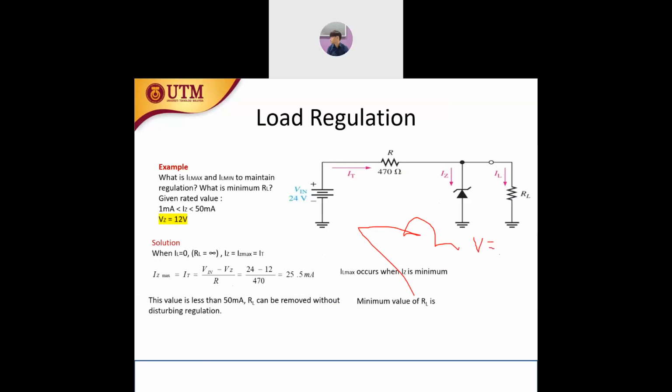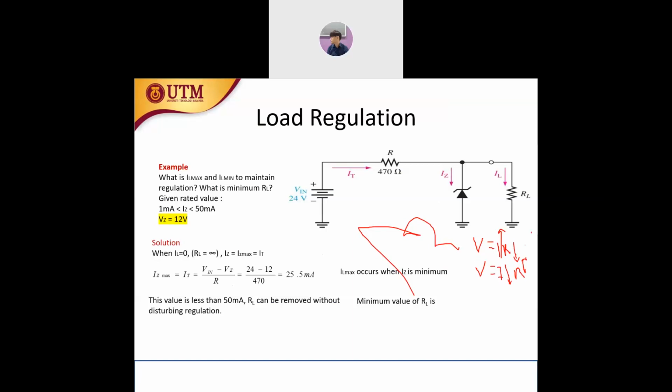If we have V equals IR, and we want RL to be minimum, then the current will be maximum, provided that the voltage is constant.